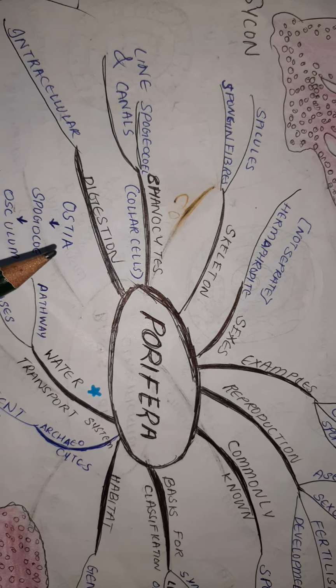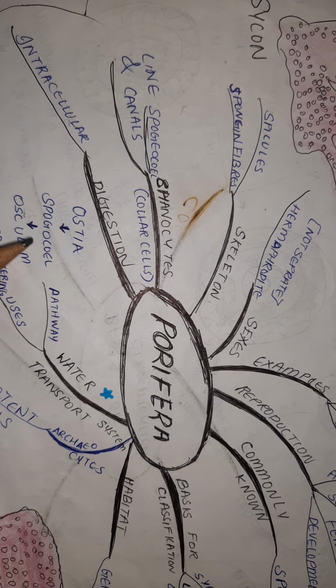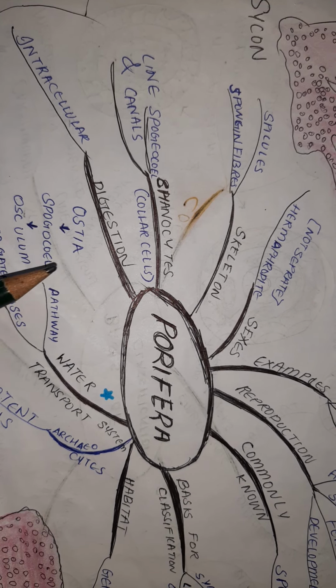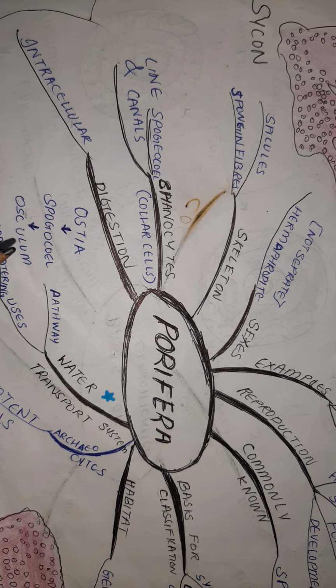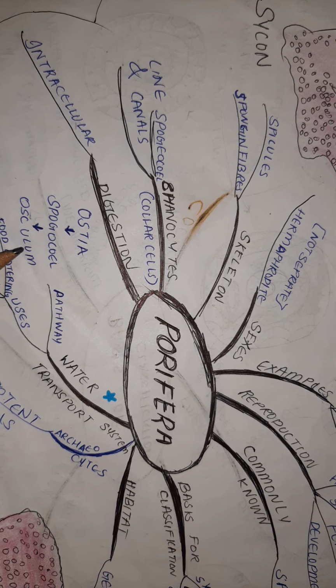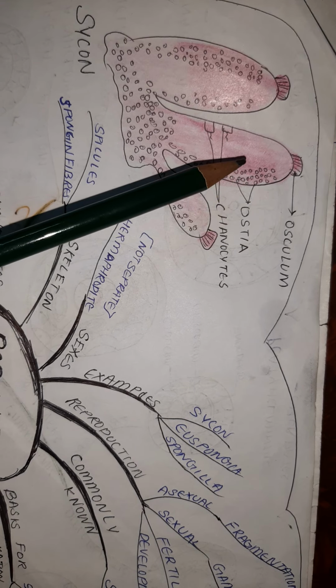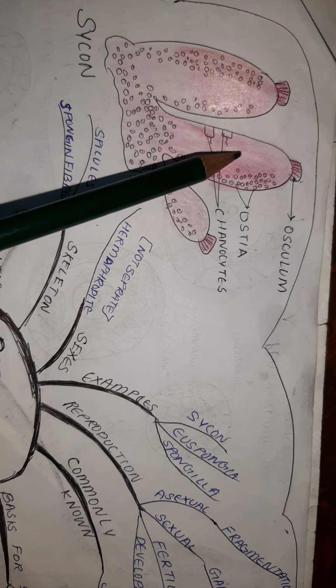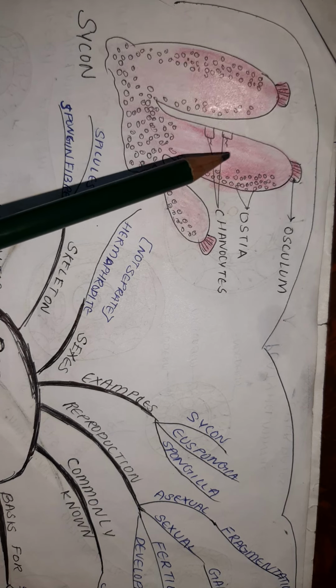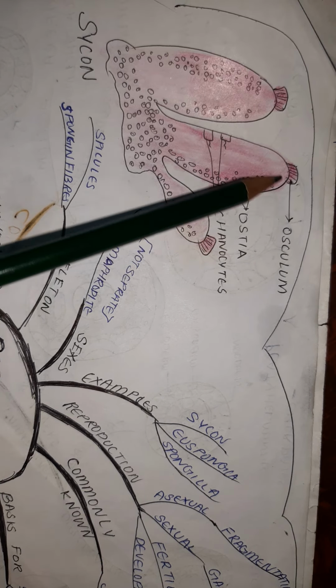Then from these ostia, water enters and goes into the spongocoel. Spongocoel is the lining of the body, the inside portion of the body. Then from here, the water goes out from the osculum. So ostia, into the spongocoel, which is present inside the cavity of the body, then out from the osculum. So this is known as the water transport system.